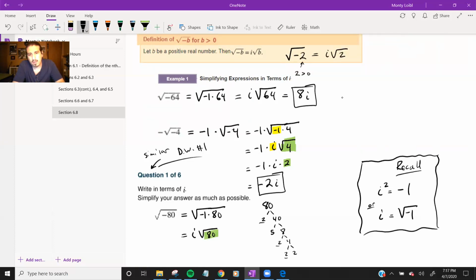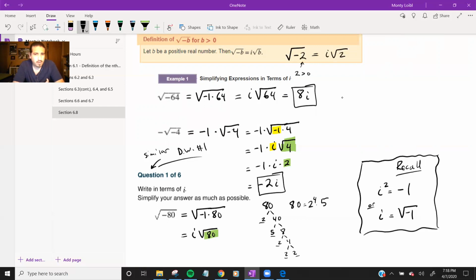So we got 4 2s and 1 5. That means 80 can be rewritten as 2 to the fourth power times 5.